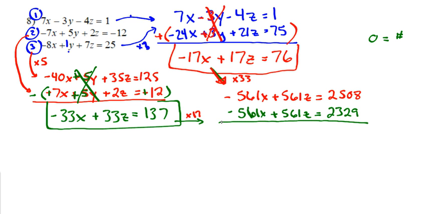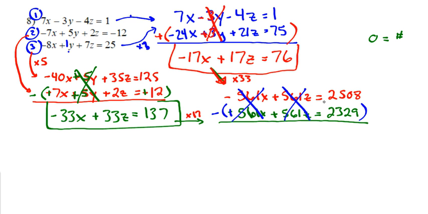All right, and we said that, okay, if we're going to eliminate, let's look at the z's because it seems easier to me to look at the positive signs. If I want to get rid of this, then I'm going to have to subtract, because 561 minus 561 is no z's. Negative 561x minus a negative 561x, that's the same as plus 561x, is going to eliminate those two.